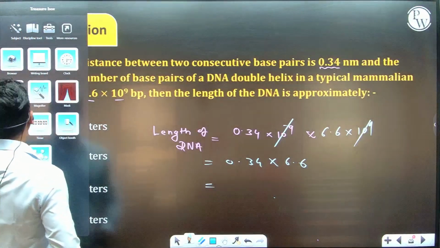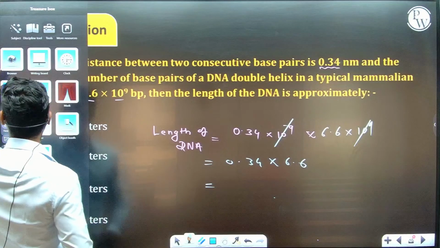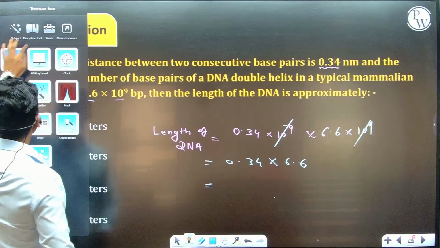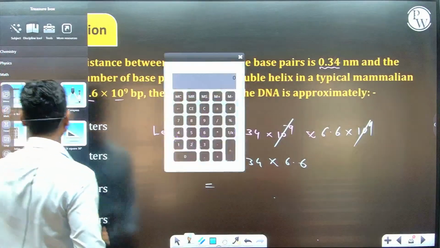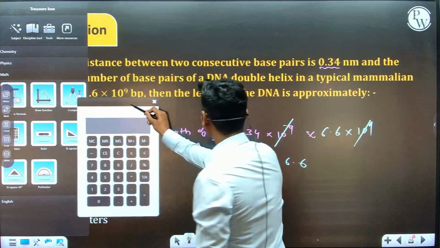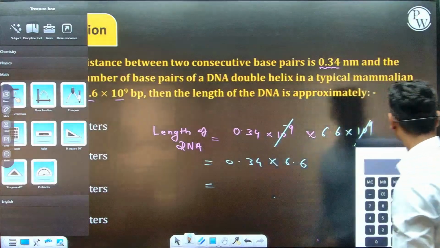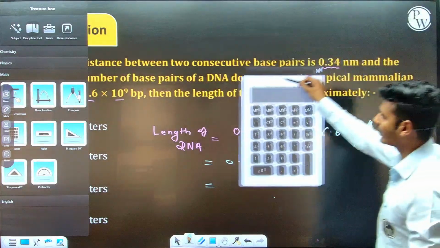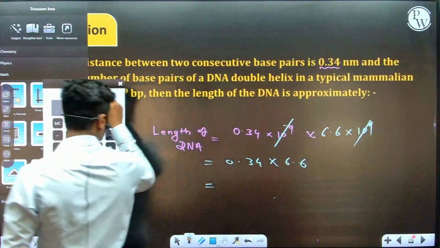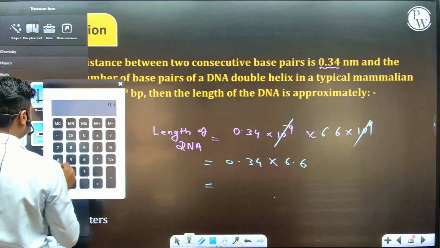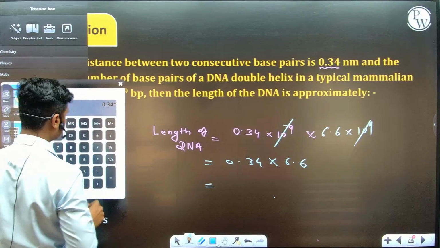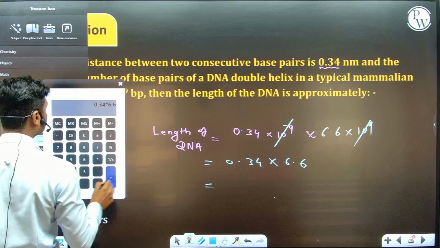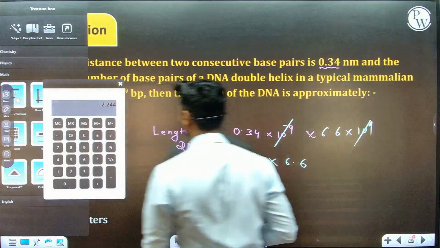In the NEET exam we have to take a calculator. Here is the calculator. We have to calculate 0.34 multiplied by 6.6, which gives 2.244.